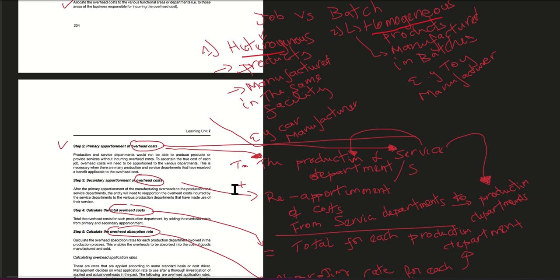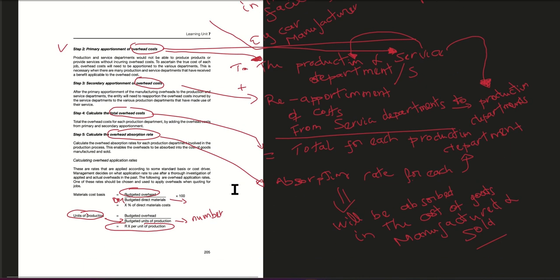And the secondary apportionment of overhead cost will be the reapportionment. So now we take the cost that we had apportioned to the service department, and we are now going to reapportion that cost from the service department to the production department. All right, so I trust that's clear.